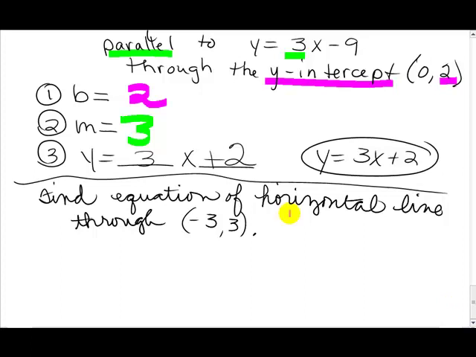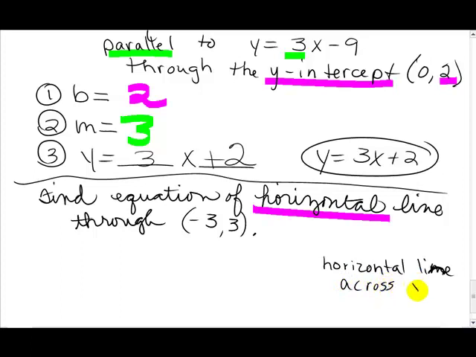Your clue word here is horizontal line, because you've got to remember that a horizontal line goes across y. So the equation is y equals the number. That's it.